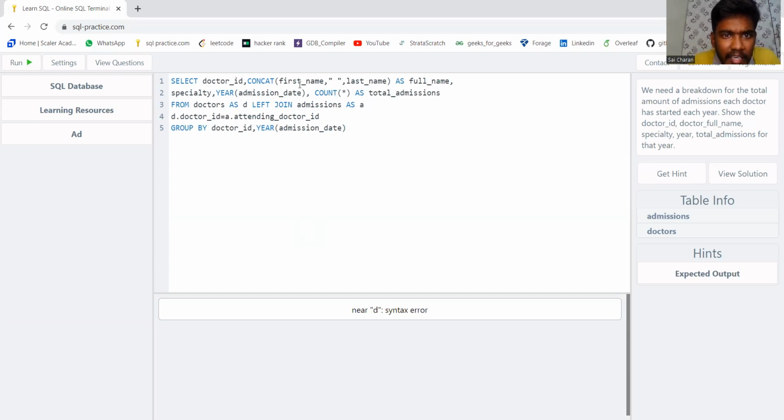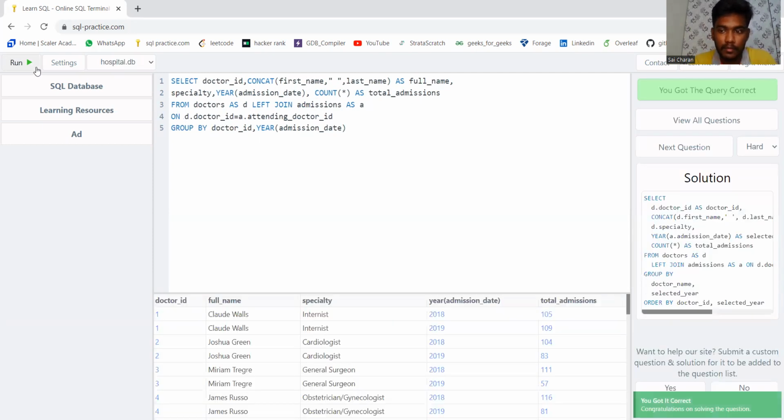Select doctor ID, concat first name, last name as full name, specialty, year of admission date, count star as total admissions. Yes, this is fine. From doctors as D, yes, this is also fine. Left join admissions as A, on. Yes, here it is. Let us see. Yes, we got the correct answer.